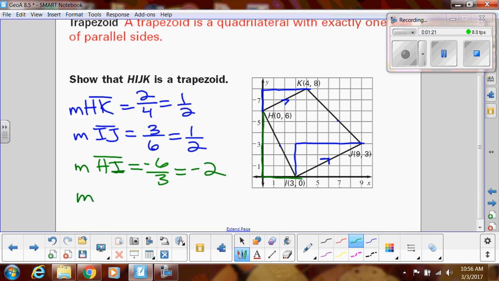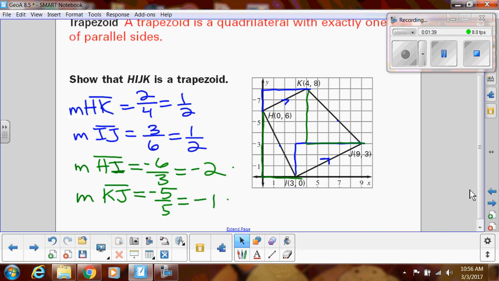And then we're going to have KJ. That's going down 1, 2, 3, 4, 5 over 1, 2, 3, 4, 5. So that's -1. So these are just as important as the ones that are the same. All right, so that shows that that is a trapezoid.